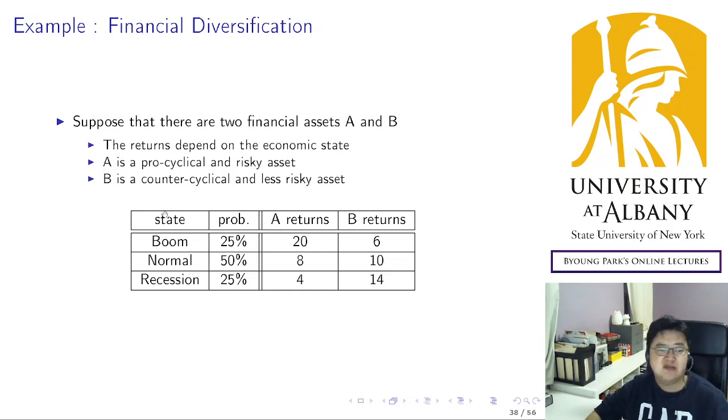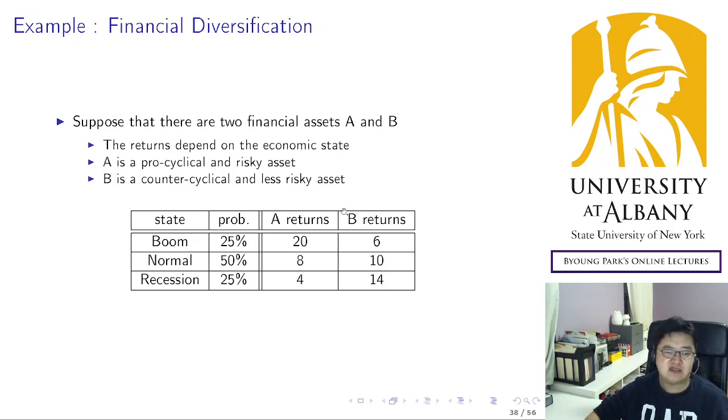On the other hand, asset B is counter-cyclical and less risky, kind of a safer asset. I said counter-cyclical because B does better in recession. It's a very strange asset, just an imaginary asset. Usually most financial assets do better in boom, of course, following the trend.